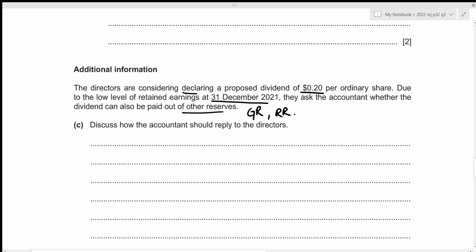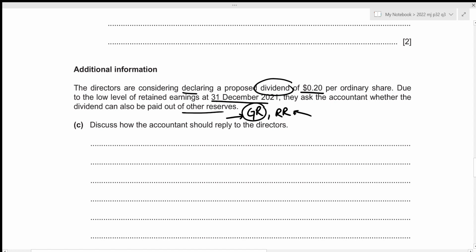So remember that dividend is always to be paid out from the profit that we have earned, right? So the main thing to consider here is whether this general reserve and revaluation reserve consists of the profit that has been realized. Now let's talk about the amount in our general reserve. So general reserve gets its amount from our retained earnings by the transfer, right? So we basically take the amount from retained earnings and put it into the general reserve.